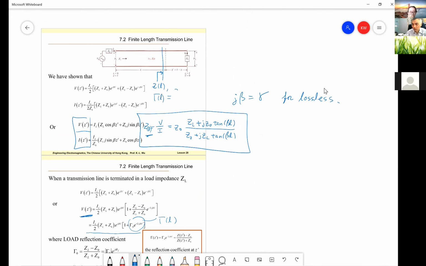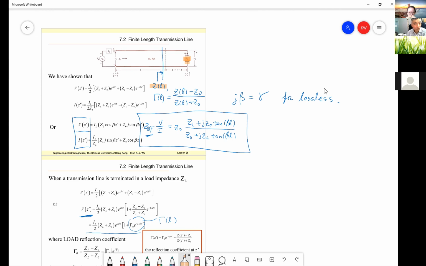This reflection coefficient is the load minus the characteristic impedance over the load plus the characteristic impedance. In other words, this load does not necessarily have to be here, at the end.